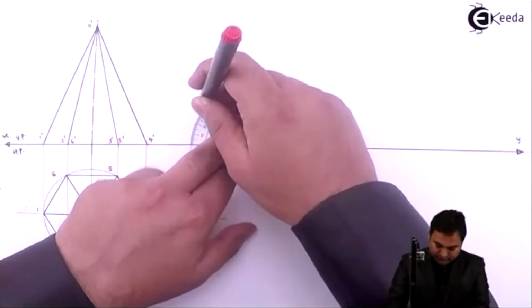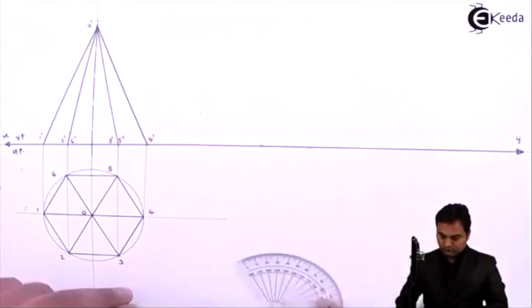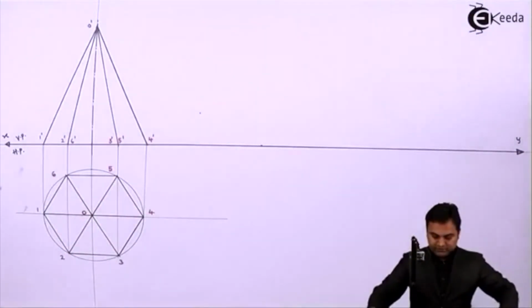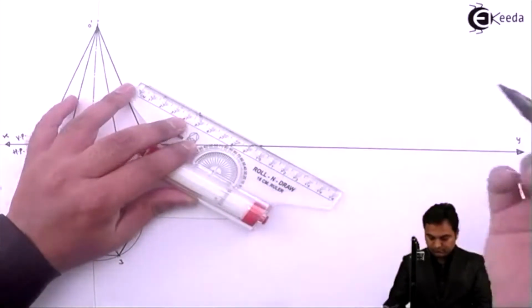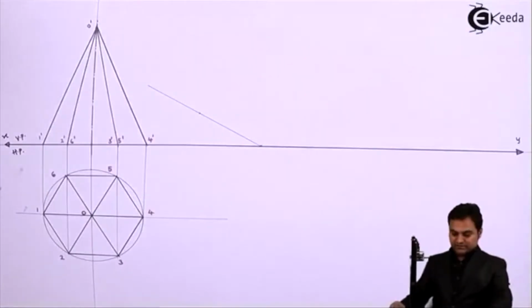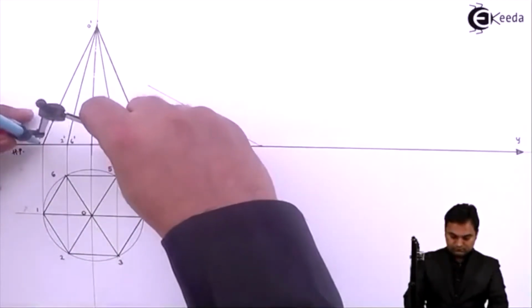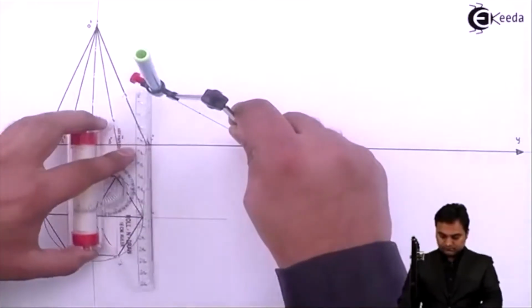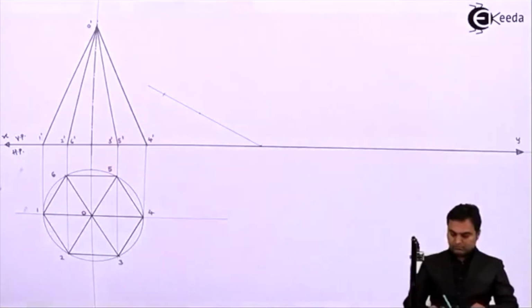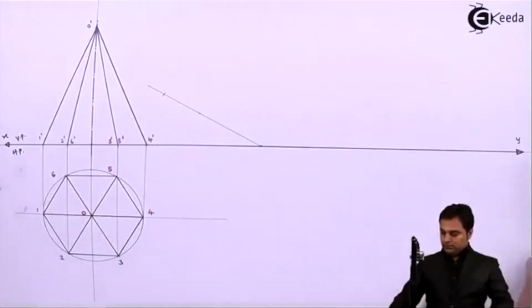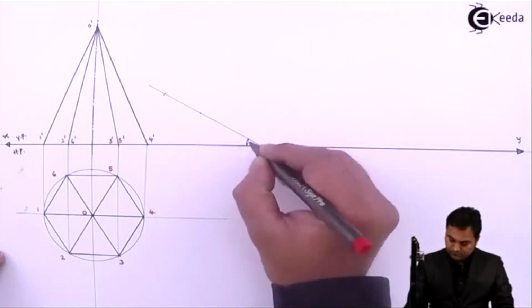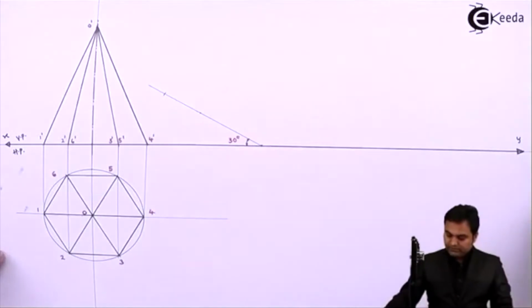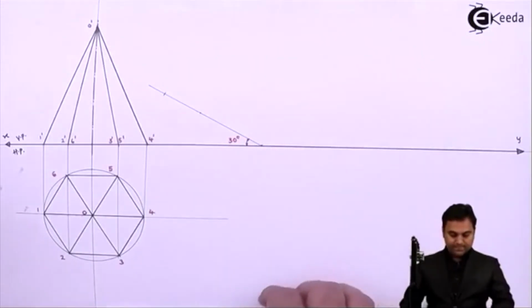Measuring an angle of 30 degree, drawing a light line, then measuring this base, marking it over this line. So here I have made this base inclined at 30 degree to HP.